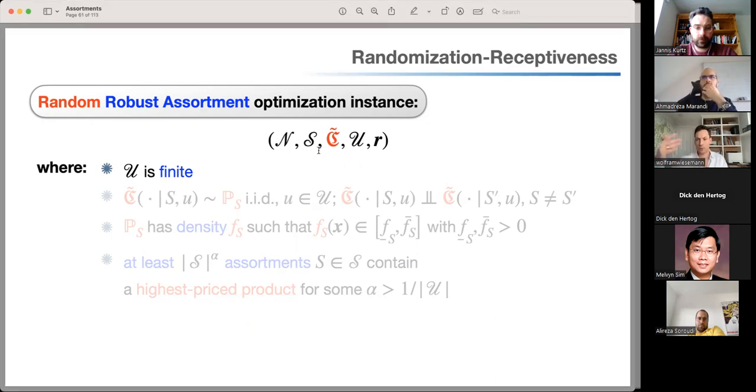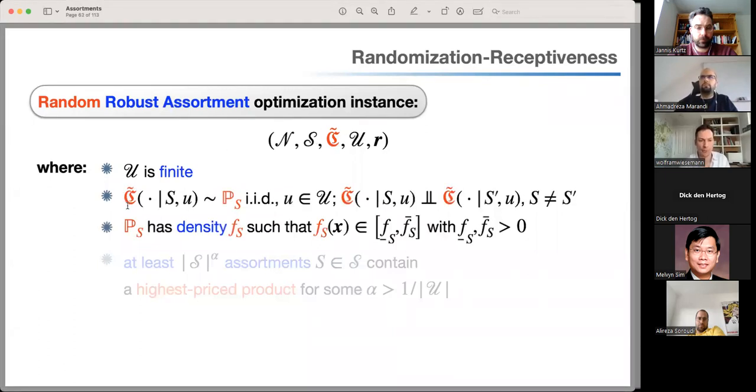That is in line with the idea that we suffer estimation errors from estimating the choice model. All right, here's what I assume. I generate the choice model as follows. I generate the choice model, uncertainty realization by uncertainty realization, and assortment by assortment.